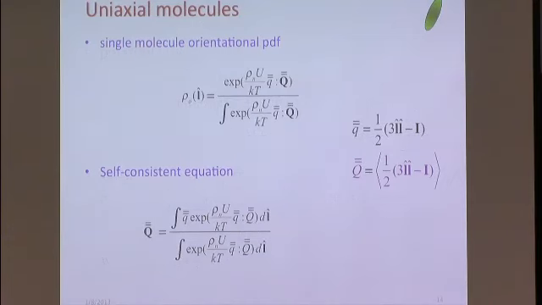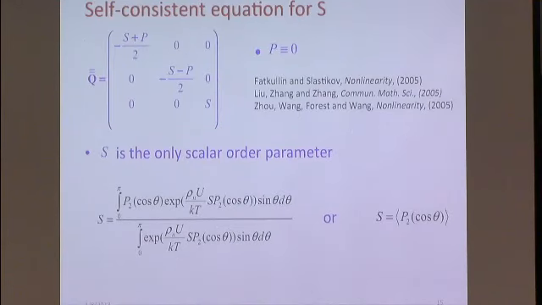And then we just follow the procedure: write down the single molecule orientation PDF, multiply both sides by Q and integrate. We get this self-consistent equation. We can solve that numerically. This is a five-equation system, but more simply, we can say the traceless symmetric Q in its eigenframe can be characterized in this form.